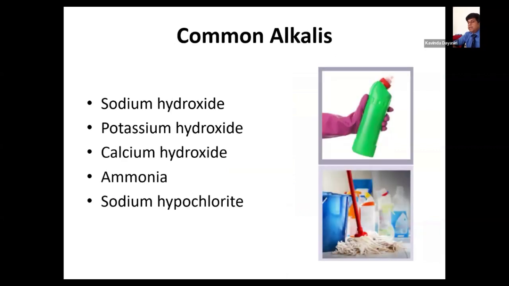Common alkalis are mainly contained in high-power drain cleaners and sometimes toilet cleaners. The substances contained as alkali include sodium hydroxide, potassium hydroxide, calcium hydroxide, ammonia, and sodium hypochlorite. All of them have the potential to have a pH of more than 12 and can result in serious injury.